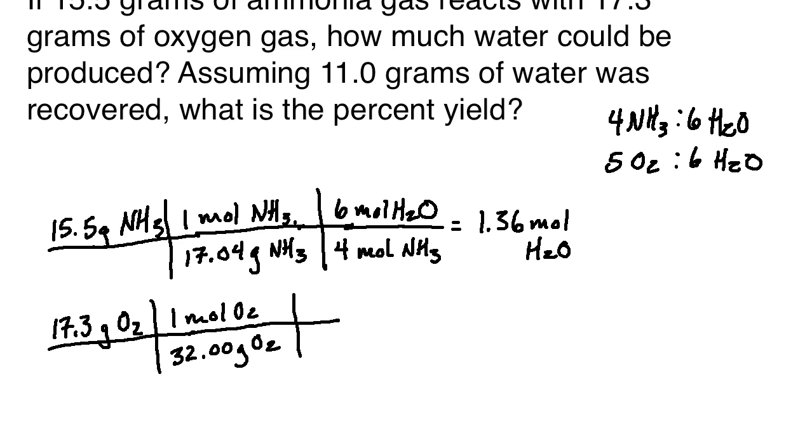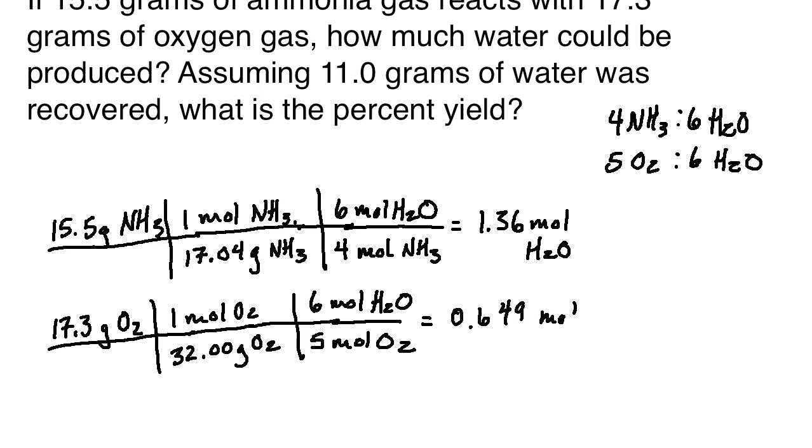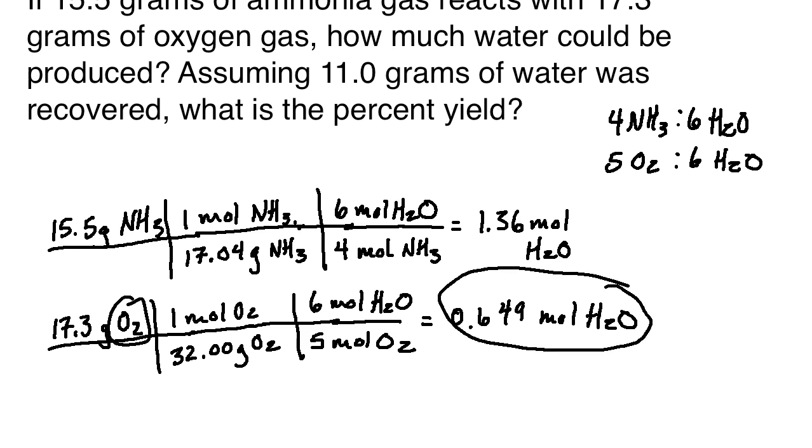And now my ratio of O2, I would expect 5 moles of O2 for every 6 moles of water. Now if I solve this one and plug it into the calculator, I get 0.649 moles of water.